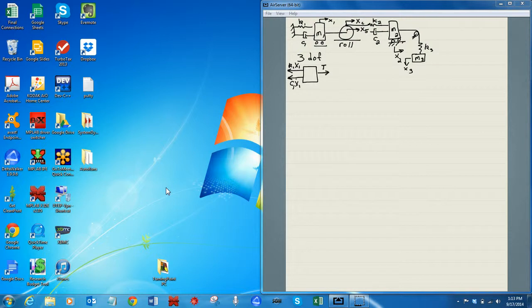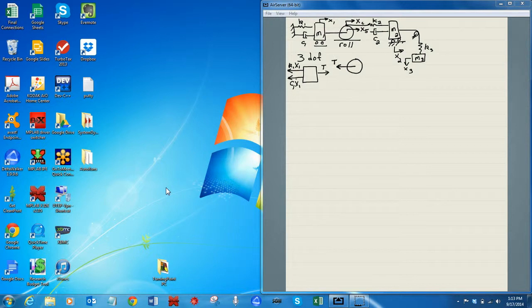So what I'll do then is draw the free body diagram of the cylinder. So the cylinder would look something like this. I have in the center an equal and opposite tension coming from that rod.